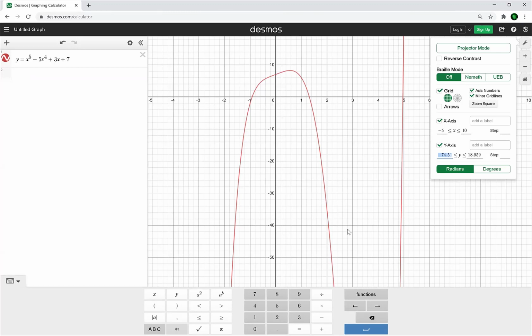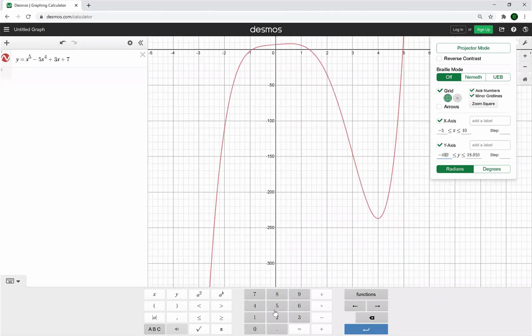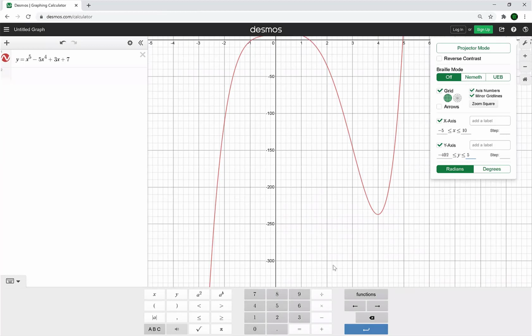Okay, so that looks pretty good. And then I want to see from how low does it go? -40. All right, there we go. Now it looks beautiful, to 5. All right, perfect. Now it looks beautiful, guys.